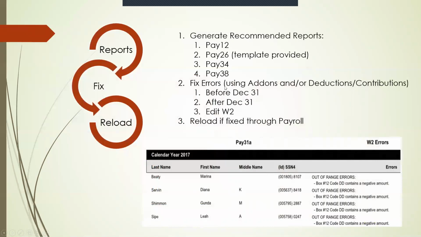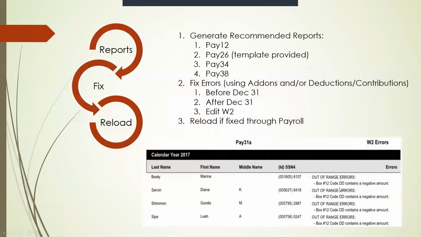And I had mentioned that for the Pay 38 report, the Pay 31 report is what the system generates and identifies any errors. This is an example of the errors that will get populated.